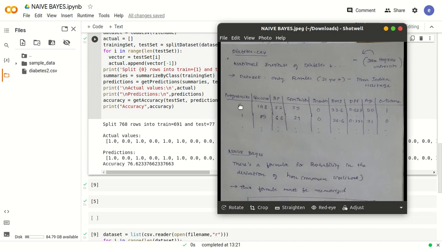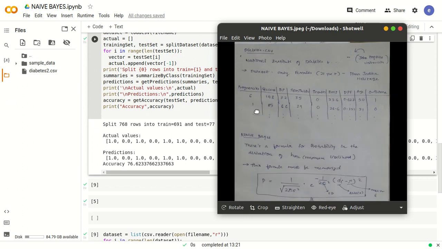For example, for the first row, the outcome is already 1. But out of the 768 rows, we split it into training and testing, and we will use the Naïve Bayes classifier concept, that is the formula which gives the probability for the prediction, and we will come up with the result for the outcome, and ultimately we compare the actual values and predictions, and we print the accuracy. This is the overview of the program.